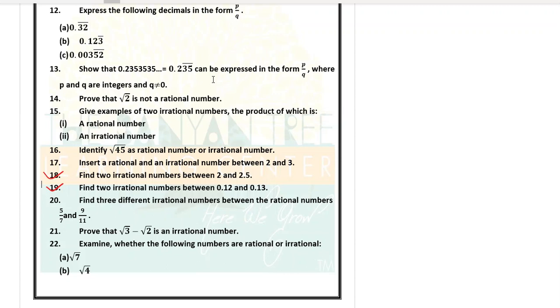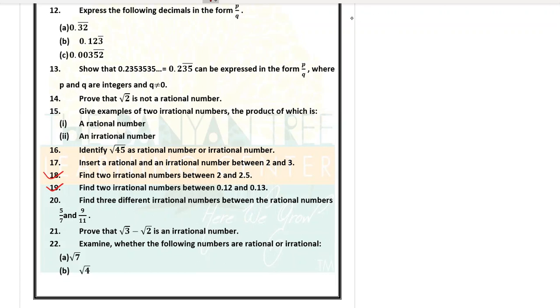Now there are many ways of finding two irrational numbers between 2 and 2.5, but the easiest way, which I feel, is you have to write a decimal expansion that is non-terminating, non-recurring, greater than 2 and smaller than 2.5.